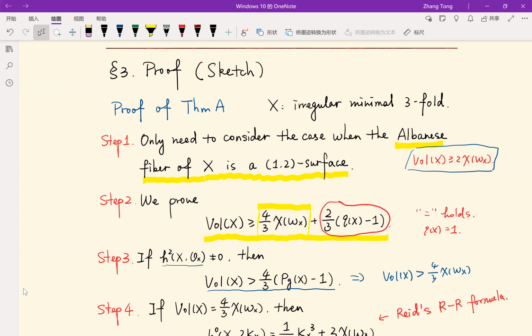This does happen. But if you assume that the minimal model is Gorenstein, then this Euler characteristic is positive. I'm guessing, because you look at step 2, if chi of omega is negative, then maybe it's always true, right? Yeah. Because if the chi is negative, then I think the inequality will be trivial.